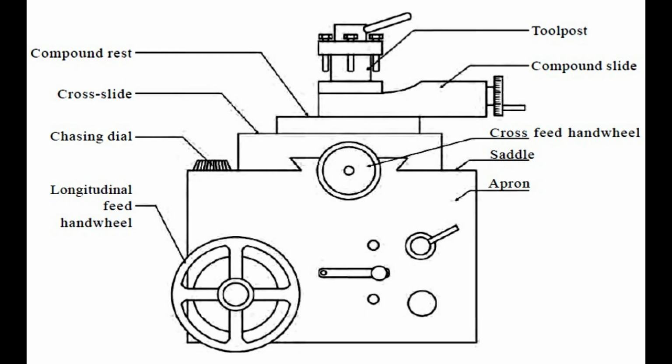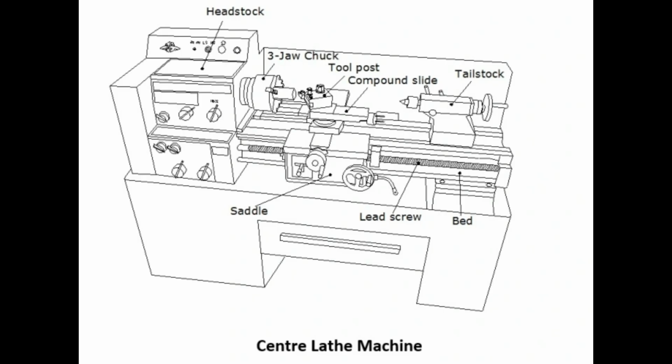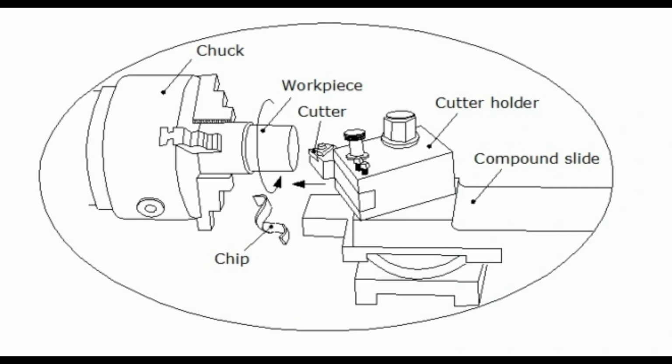The compound slide, on which the tool post is mounted, should be set so that its operational axis runs parallel to the desired main cutting axis. That is, if a plain diameter is to be turned, then the compound slide should be set to 0 degrees, and be parallel to the main center line axis of the lathe.